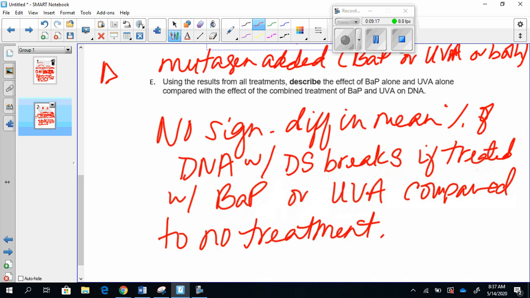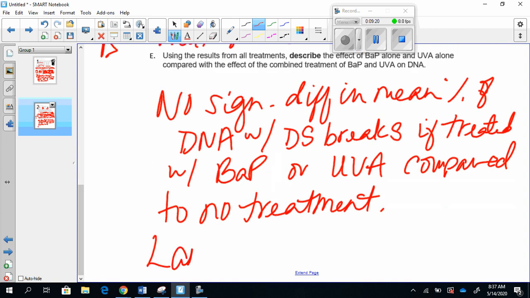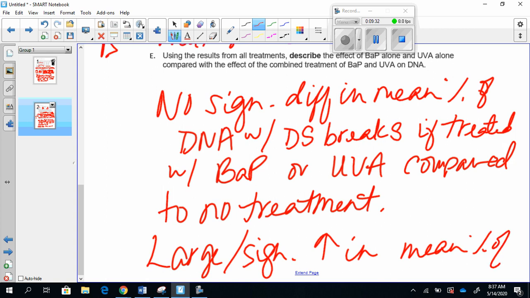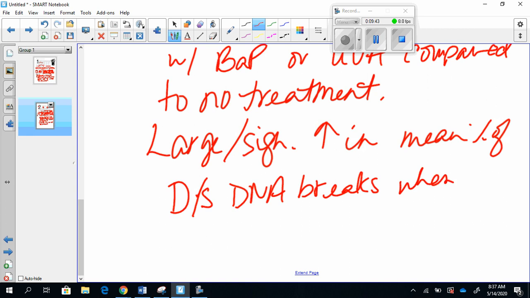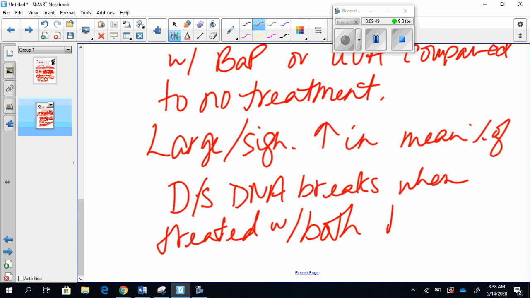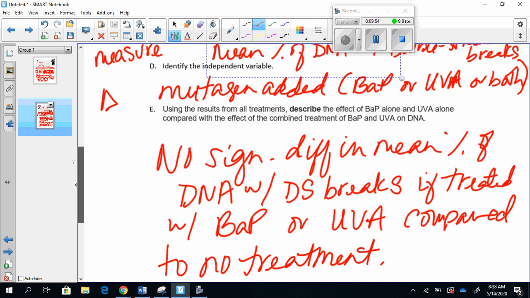Okay, so a large or a significant increase in the mean percent of double-stranded DNA breaks when treated with both BAP and UVA. All right, and you could even go ahead and put the numbers right in there.